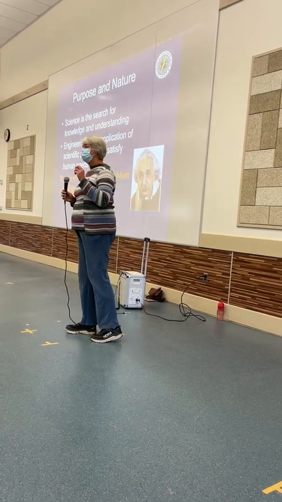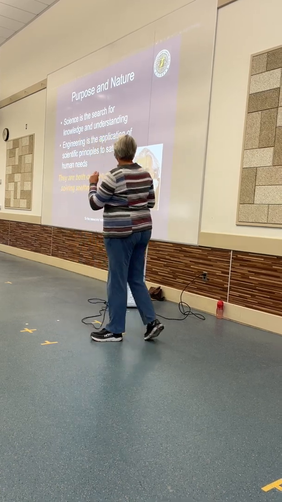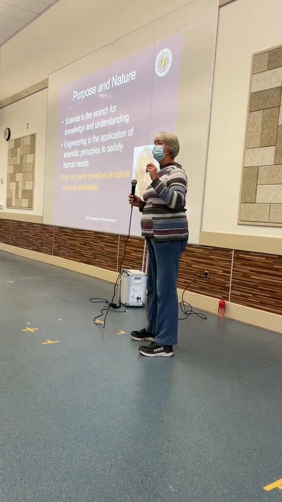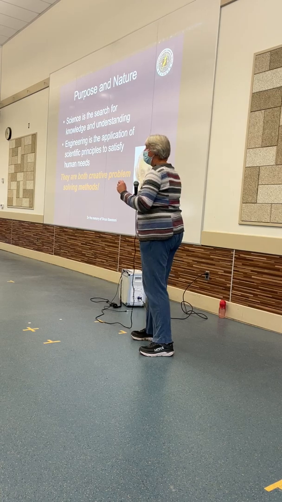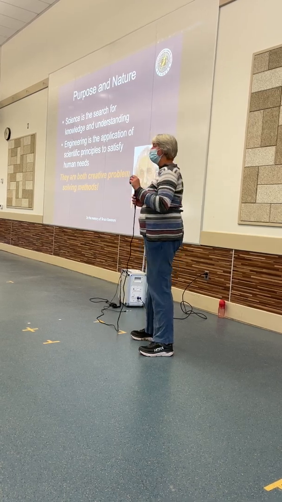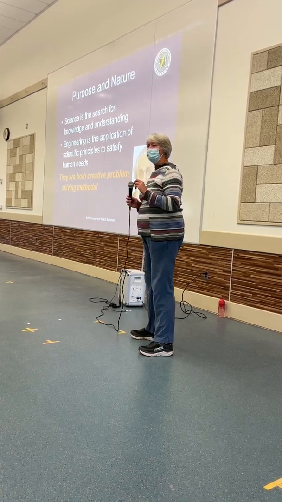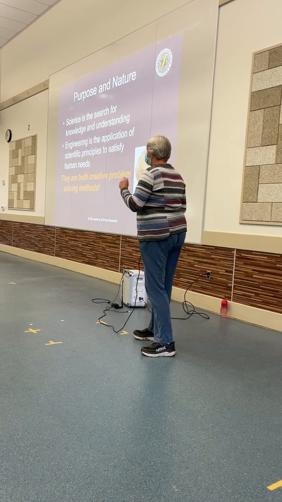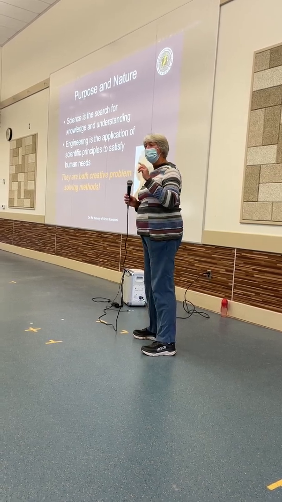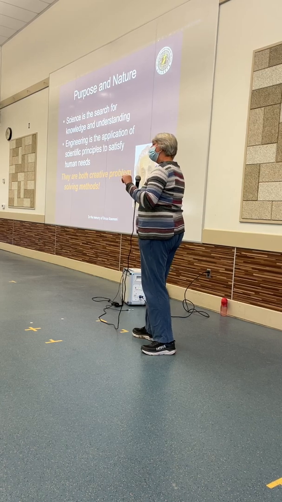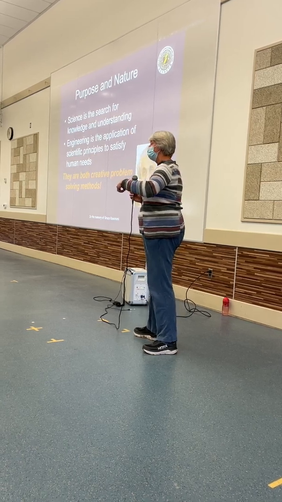So if you want to talk about the difference between science and engineering, science is a search for fundamental understanding. So right now I'm working on the Viper Lunar Rover at NASA Ames, and we want to understand if there is water contained in the permanently shaded regions at the poles of the moon.